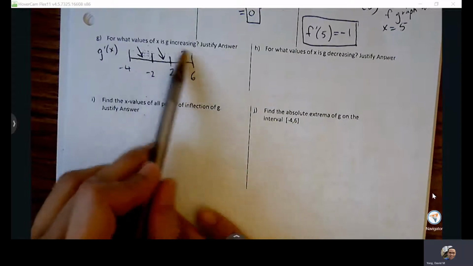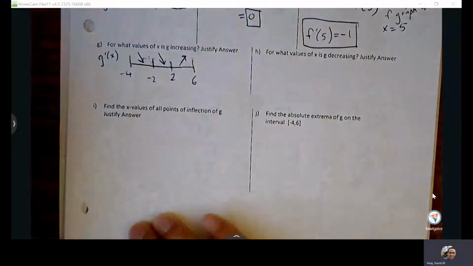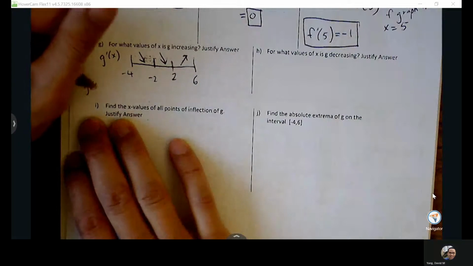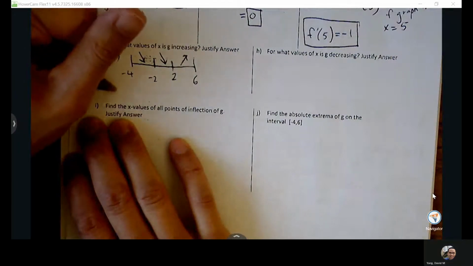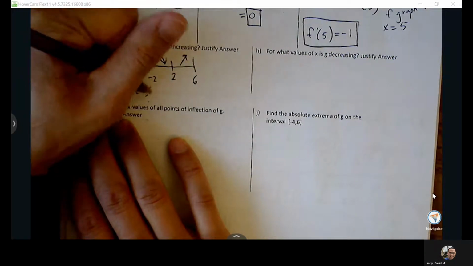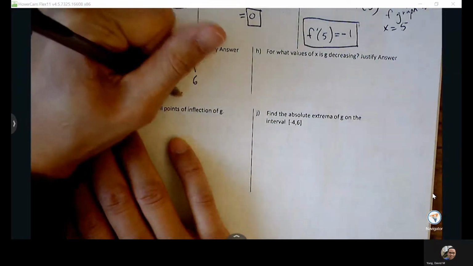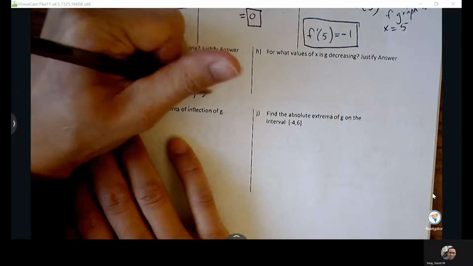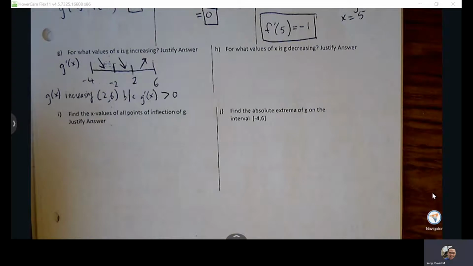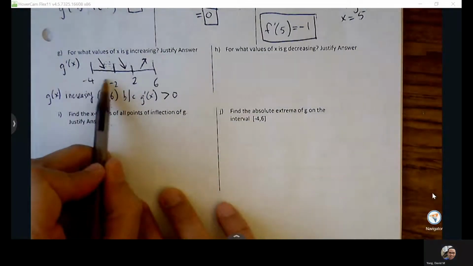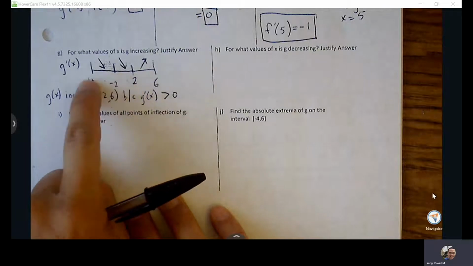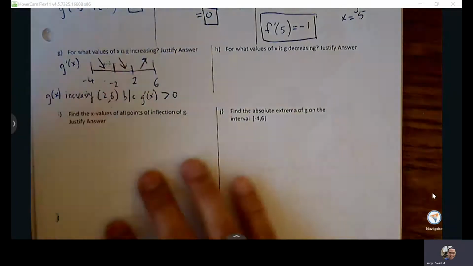The arrow is going to tell us increasing is between 2 and 6 because G prime is greater than 0. Okay, for what values is G decreasing? Okay, we'll have a union here, so -4 to -2, and then we pick up from -2 to 2.